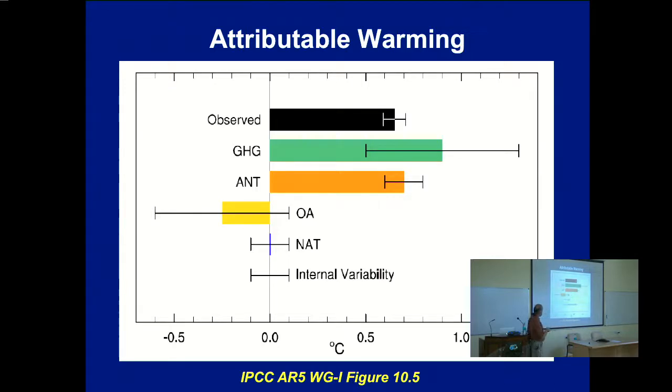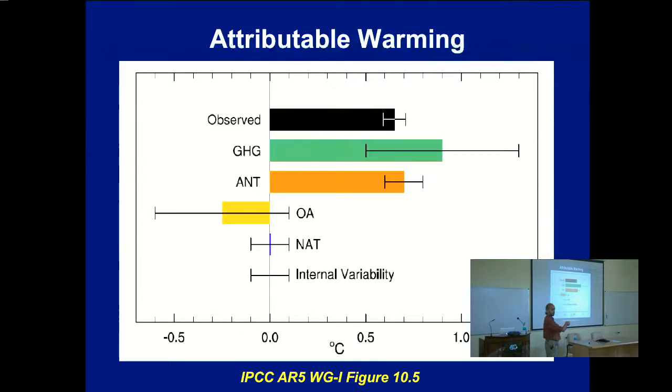If I only take natural forcings, okay, you remember how that blue line was just around 0, right? The net effect of natural variations is that it has a 0 effect on temperature.